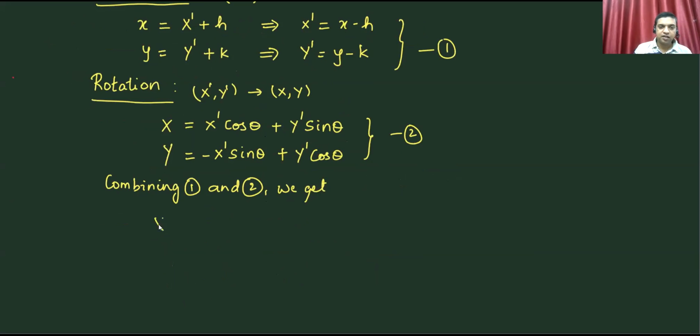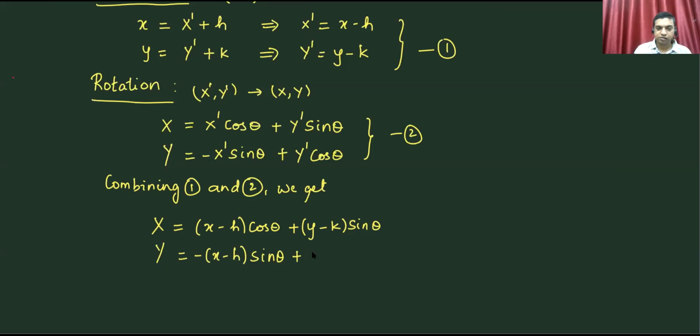So you get capital X is small x minus h cos theta plus small y minus k sin theta, and capital Y is minus small x minus h sin theta plus small y minus k cos theta. So this is the result.